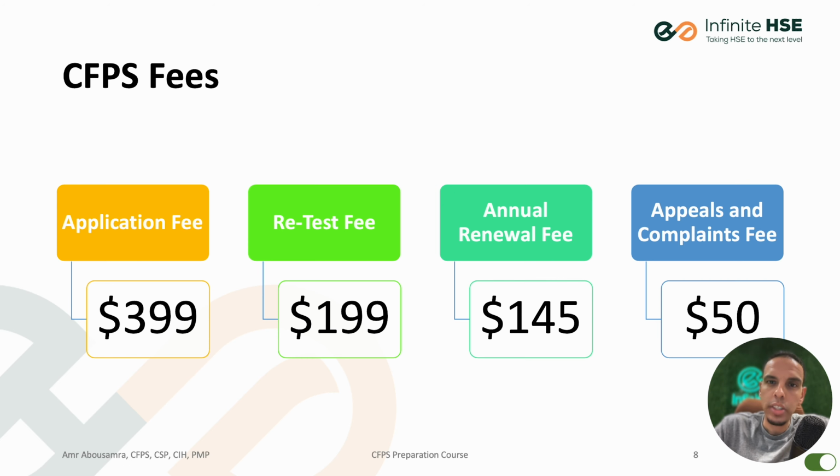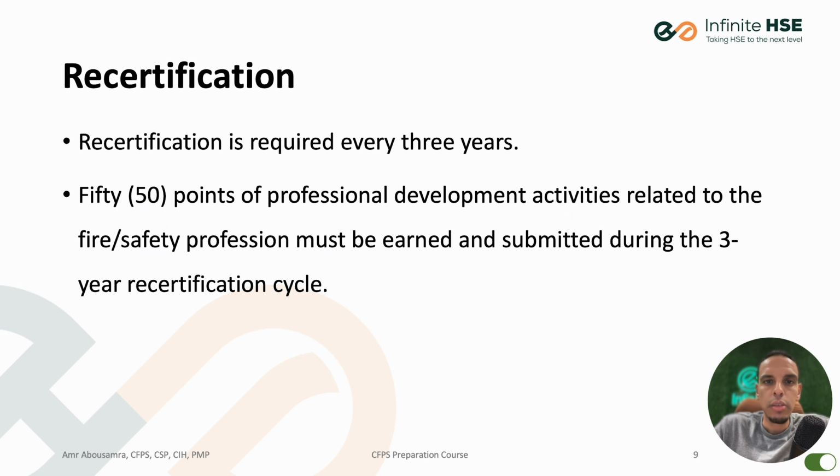Of course, after passing, you have to pay the annual renewal fee. The recertification cycle happens every 3 years. That means every 3 years you have to achieve 2 conditions. The first condition is that you have to pay the annual renewal fee. That means every year you have to pay $155 US. The second condition is to complete 50 points.